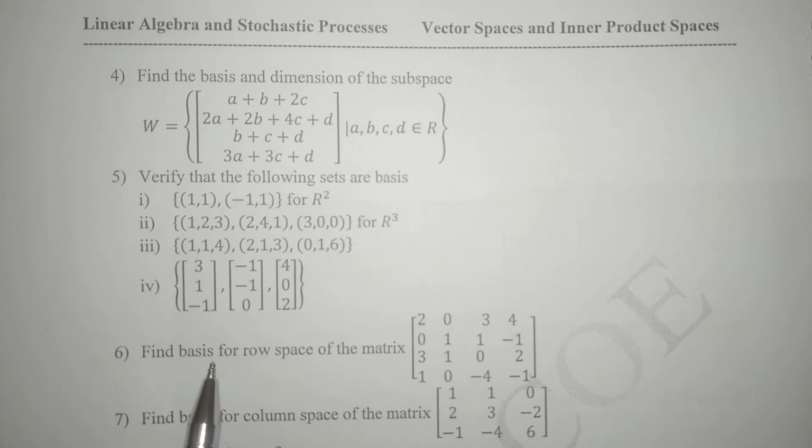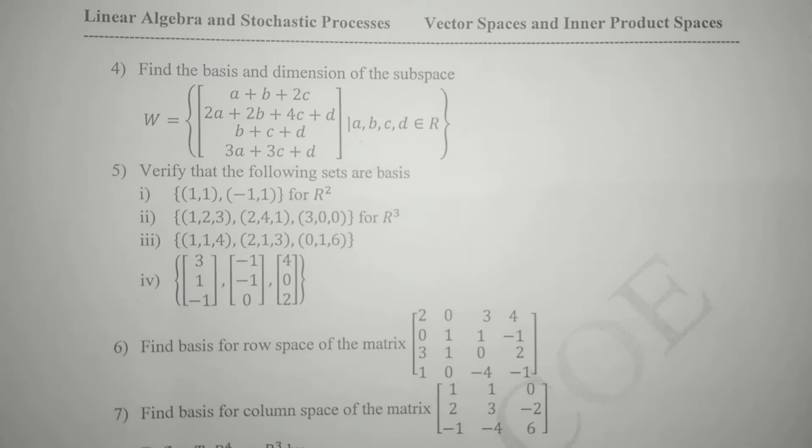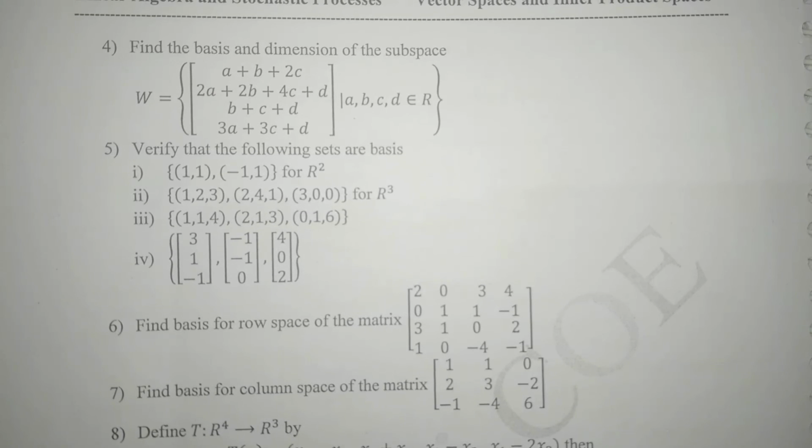Then we already solved this example, the basis for the row space of a matrix. Solve this example for practice: find the basis and dimension for the column space of the matrix. For the column space, just write down the given matrix. Take the transpose of this matrix so that columns become rows, and after that convert that matrix to echelon form.